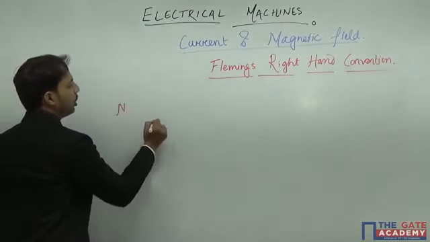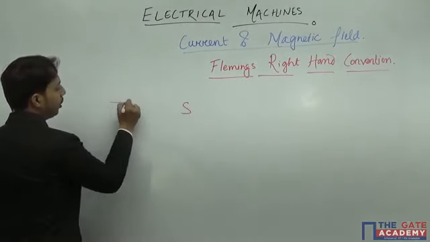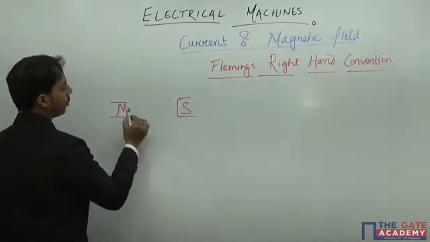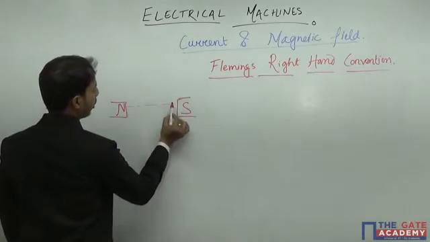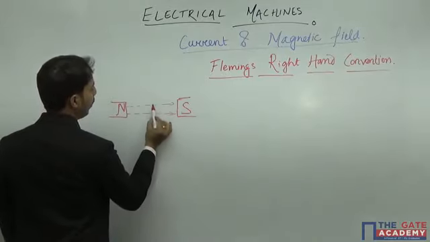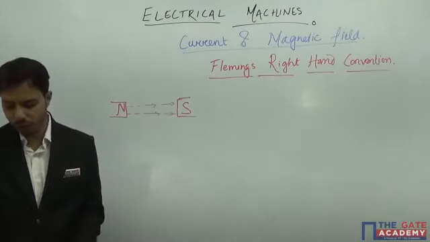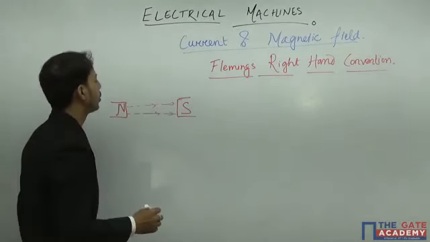To find that EMF, let us take an example. Suppose I have a north pole here and a south pole here, and this is the direction of my field. As we all know, fields flow from north to south outside the bar.